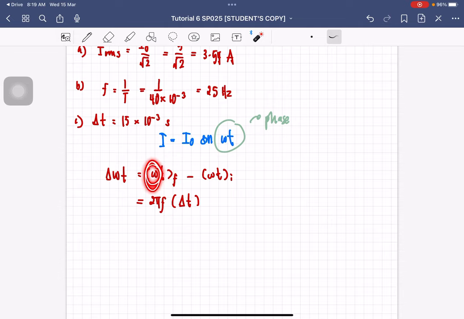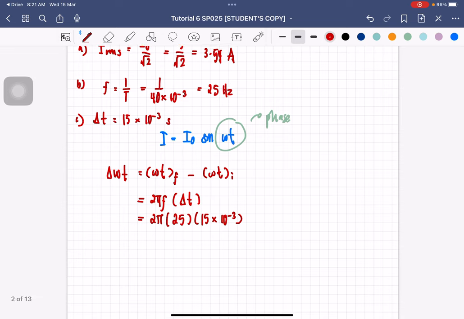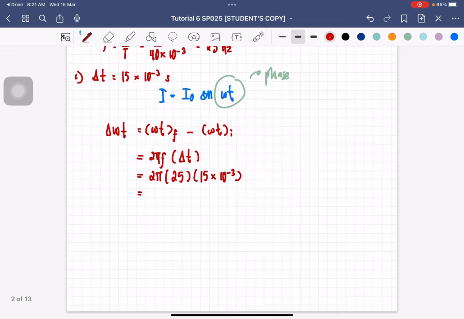The angular frequency will be constant, so we can extract this omega as 2 pi f, and t final minus t initial is just delta t. So we get 2 pi here, f is 25 hertz, and delta t is 15 milliseconds. You will get the change in phase to be equal to 2.36 radian. Okay, so it's going to be in radian. All right, so that is question C.